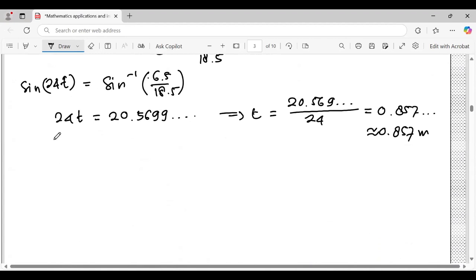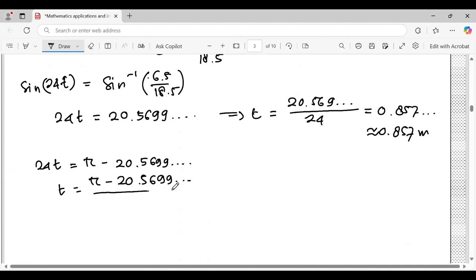Right. And the second value of t: 24t equals pi minus 20.5699 and so on, and t equals pi minus 20.5699 divided by 24, and the result is 6.642916.